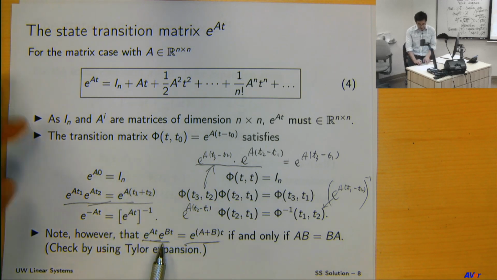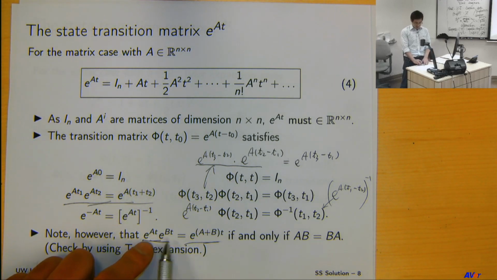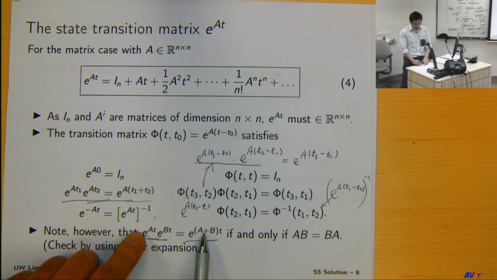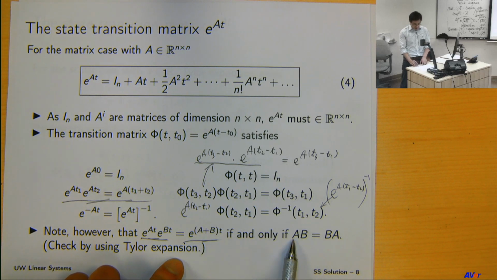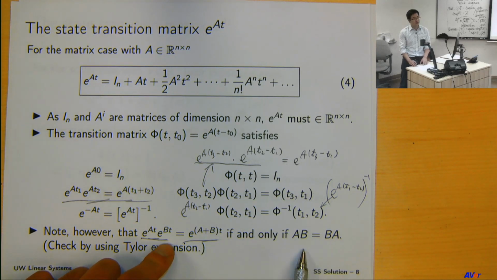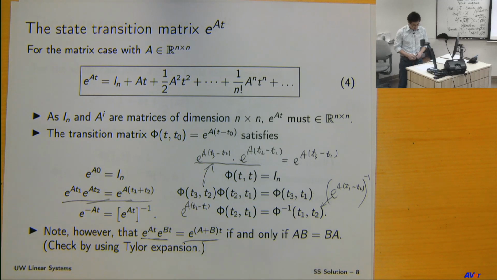But in general, if you have e^(A t) times e^(B t), you cannot just simply add up the exponents and get the result. This only works if AB and BA are the same, if these two matrix products are the same. All right?